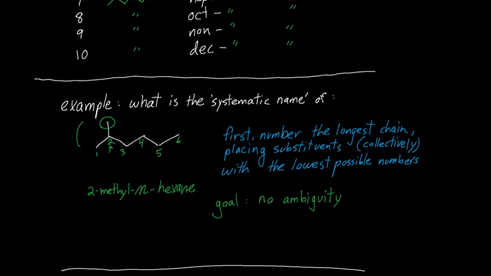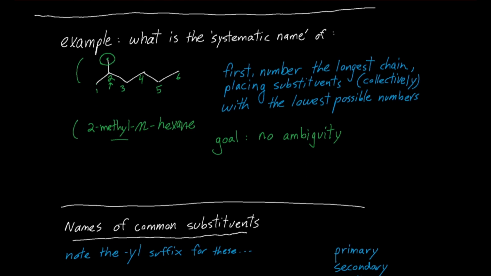So, no ambiguity. In other words, from this structure, there should be only one name generated. And if the name is correct, you should only be able to draw one structure from the name. That's no ambiguity. And practice will make perfect on that.